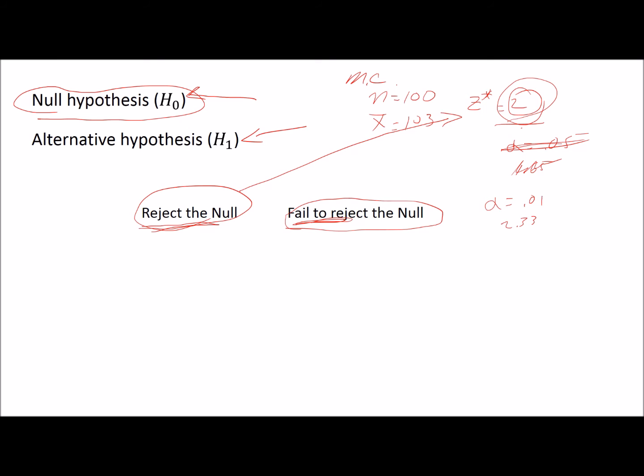No, I failed to reject it, meaning I'm going with that. So, again, trying to keep it straight, if we seem to have significance, we're going to reject the null. If we didn't reach significance, then we're going to fail to reject the null.